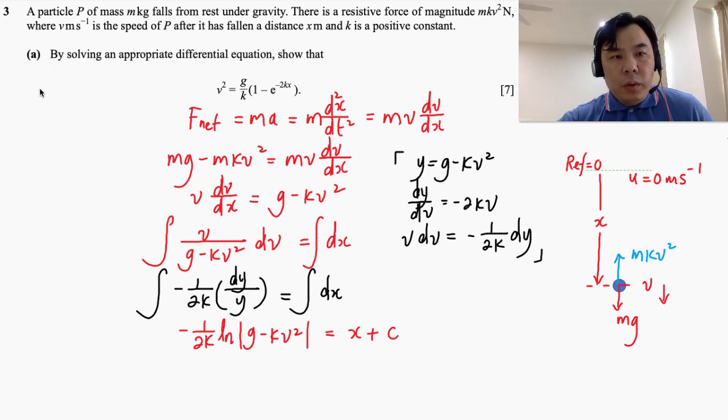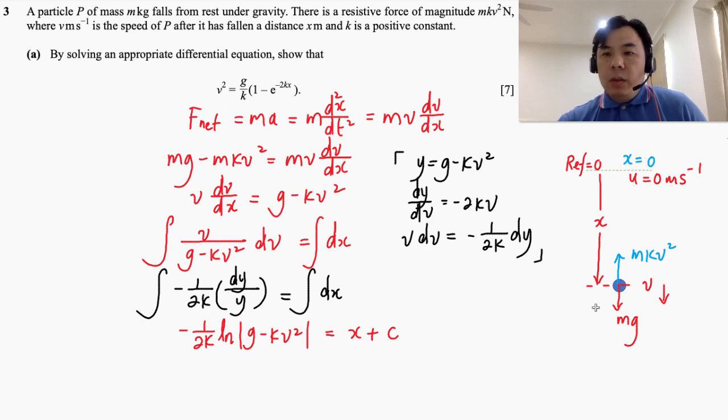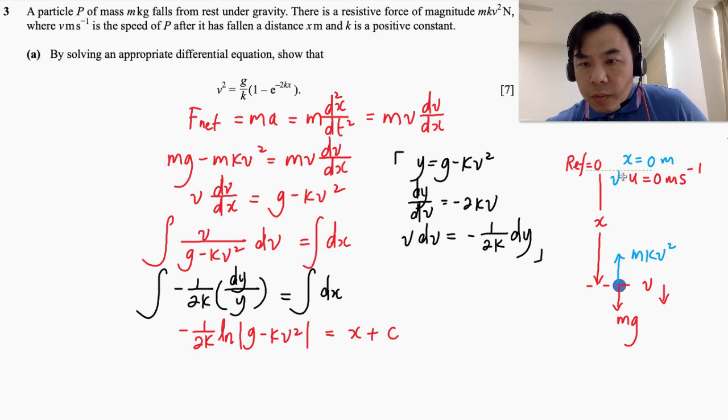Now first of all, at x equal to 0, you can see that the initial velocity was 0.